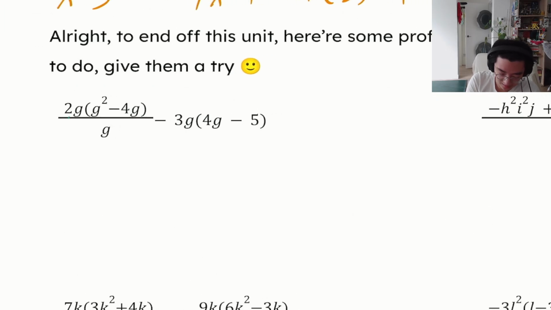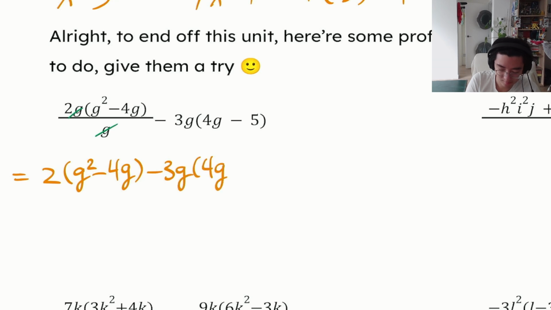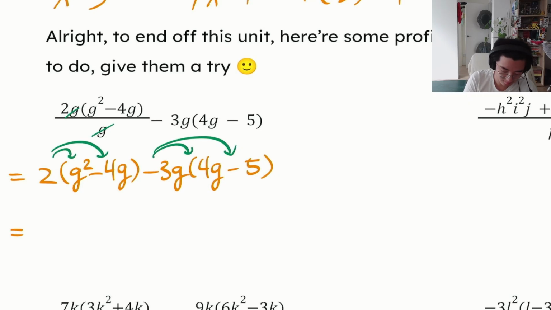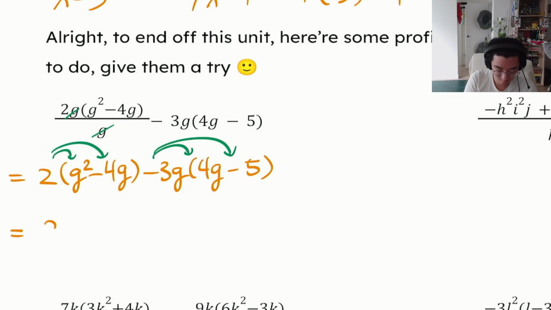First we notice here, the g's can cancel. And then we do the flying arrows. So the 2 goes to those, negative 3g goes to those. It's minus 8g.